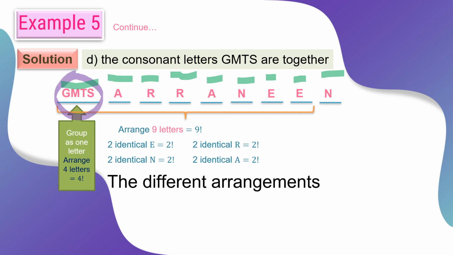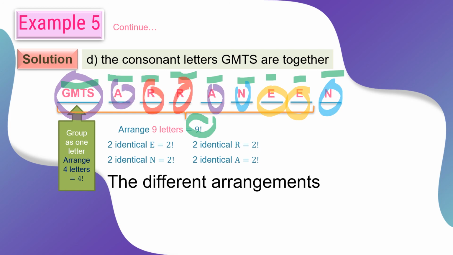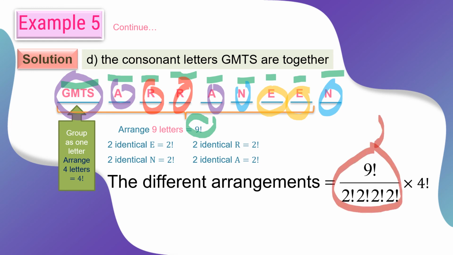We write down as 9 factorial, and as we know we have identical n, identical a, and identical r. Okay, so how to calculate? This is the calculation for this one.